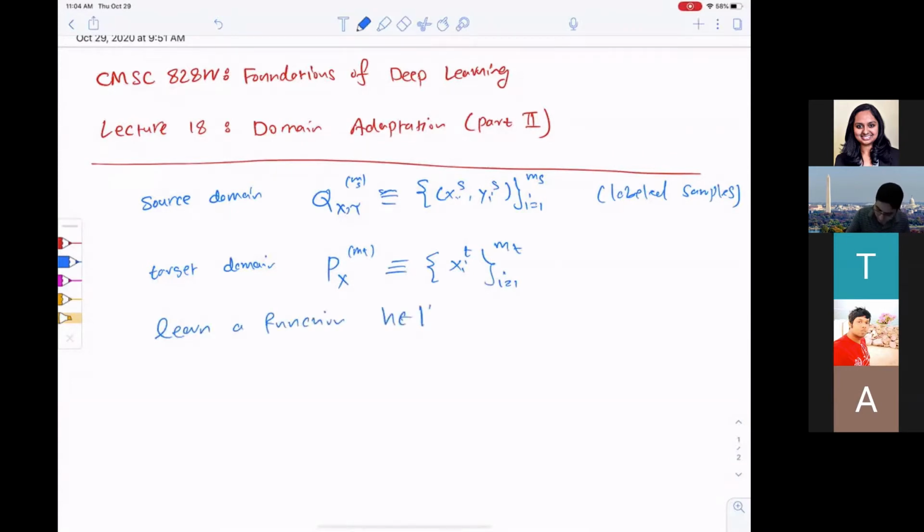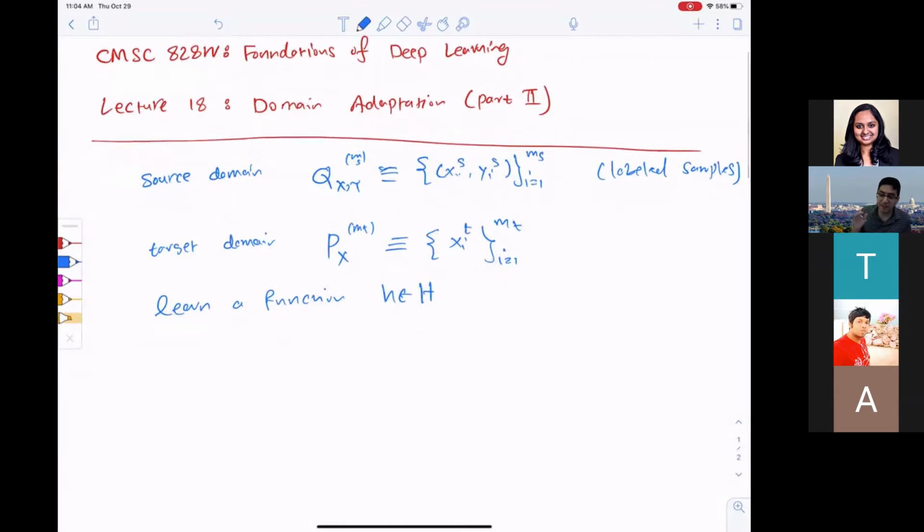h from my hypothesis class that, at the end of the day, what I care about is the target error. So I look into the target error for this h, and that's the expectation on labeled target samples. Right?